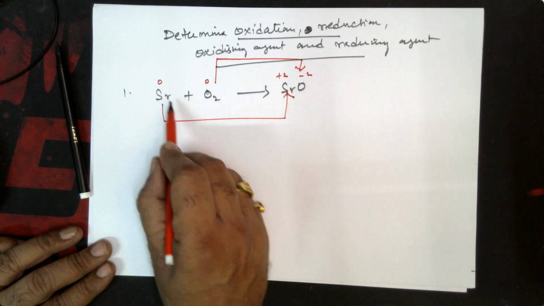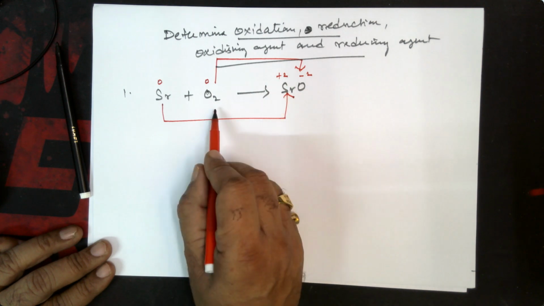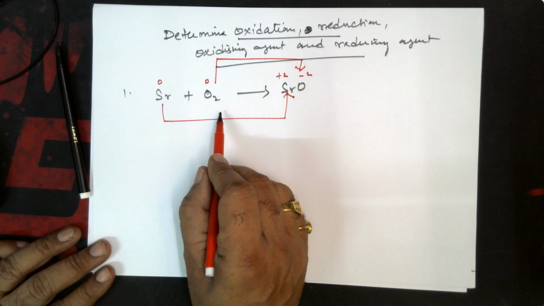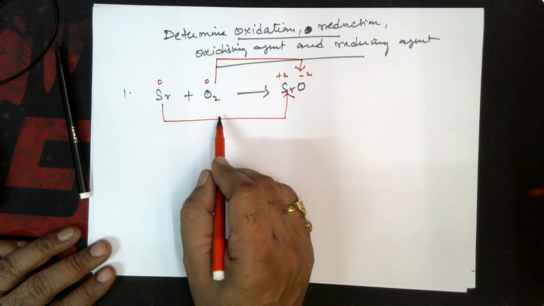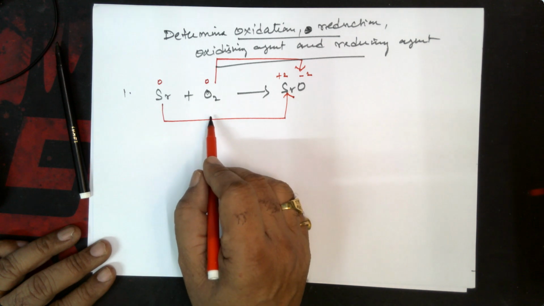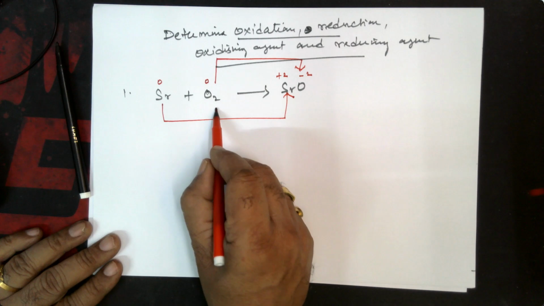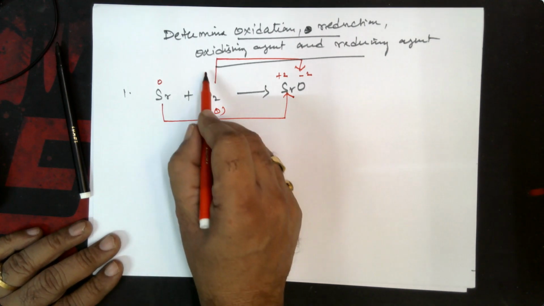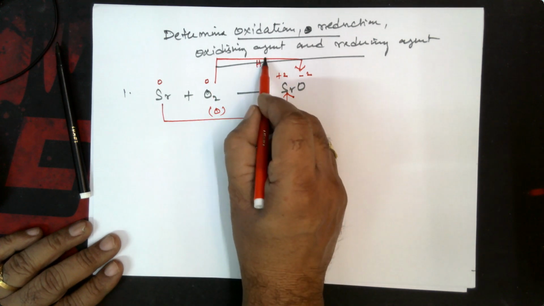It means the 0 becomes a +2, means whether there is an increase in the electron or decrease in the electron. So the best way is to go by the oxidation number. If there is an increase in oxidation number, bluntly you can say it is oxidation. If there is a decrease in oxidation number, for example 0 becomes -2, means reduction.